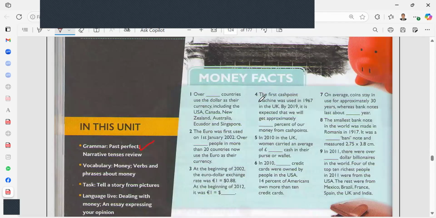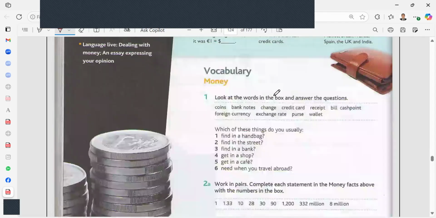Okay? So now let's focus on money facts. Look at the words in the box and answer the questions. Can you read, please, Yajud, the words in the box?